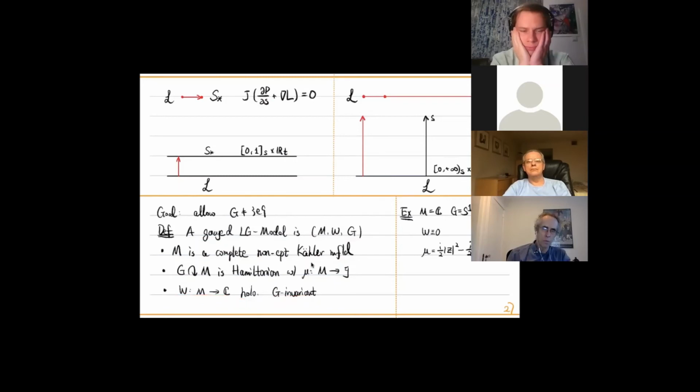The simplest example is when M is the complex plane, G is S1 with the standard circle action, and W is identically 0, and the moment map is essentially a quadratic function. Our next step is to generalize the Floer equation.